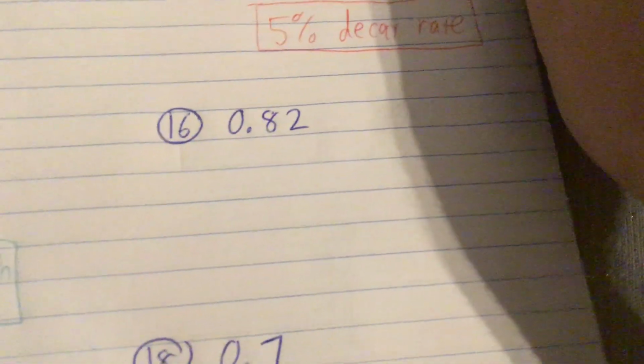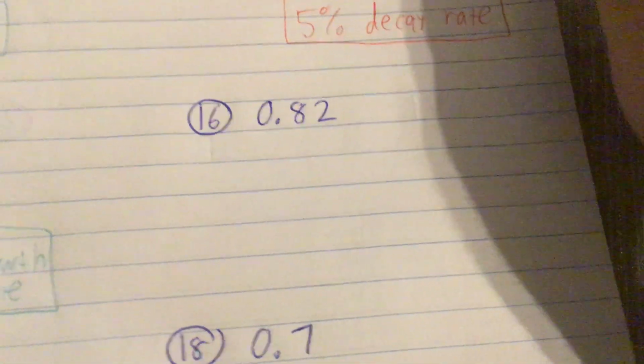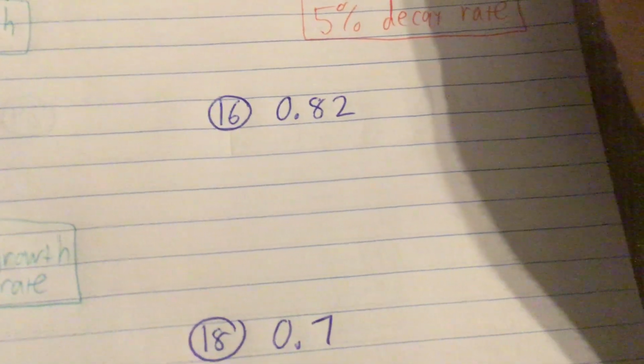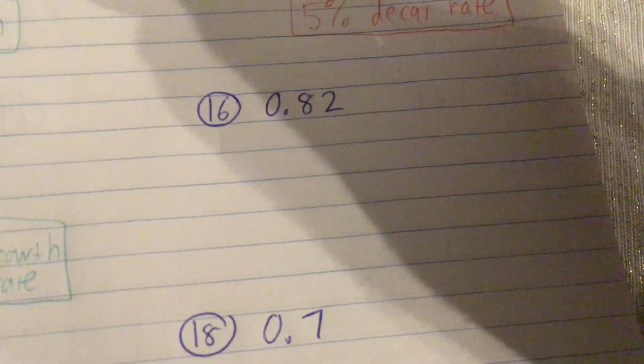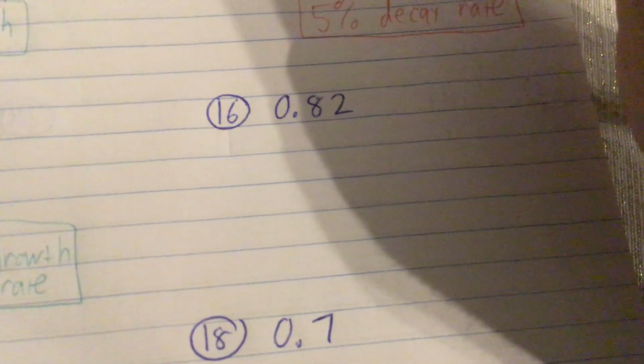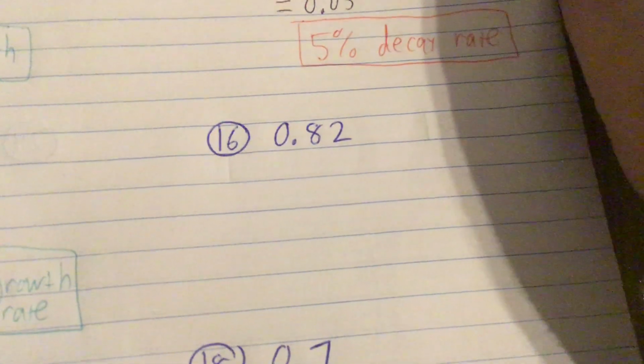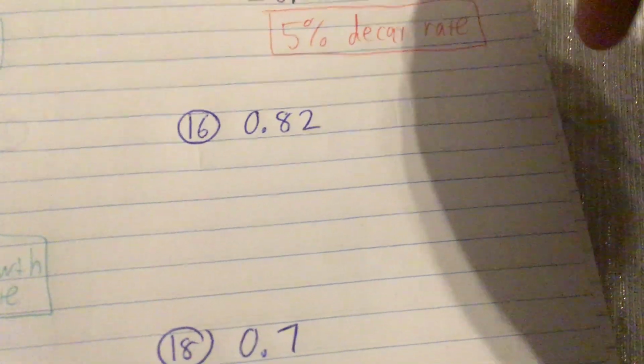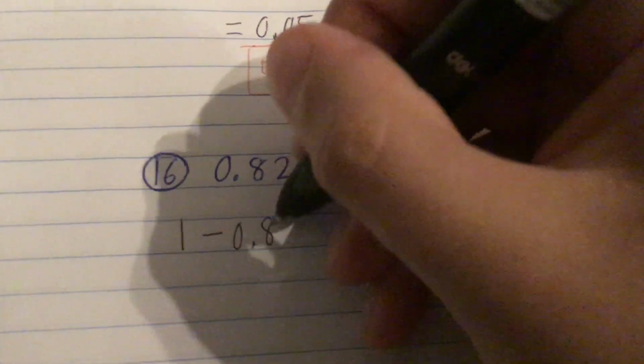Okay. Number 16, 0.82. Well, that's a number between 0 and 1. So what that tells me is anytime I multiply by 0.82, my original amount is going to shrink or decay. So I'm going to do 1 minus 0.82.